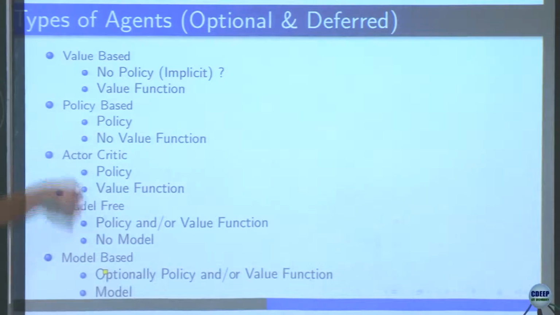Again I am deferring this discussion, possibly to the last class, but there are lots of agents. For example, you could have only value based agents with an implicit set of policies, but you need a value function. You could have policy based agents, no value function but only policy. You could have actor critic where you have policy and value function. And so on. Each of these can probably take a class of its own.